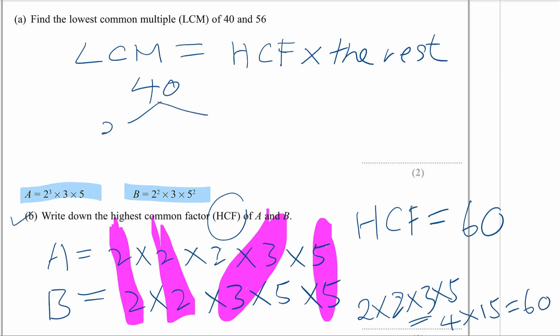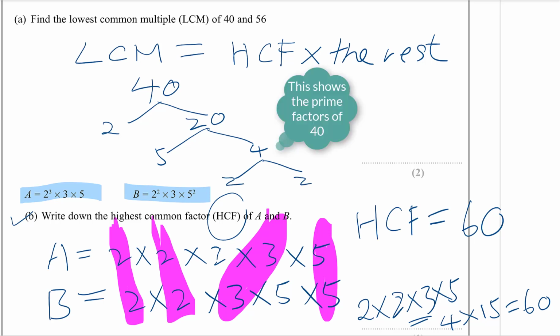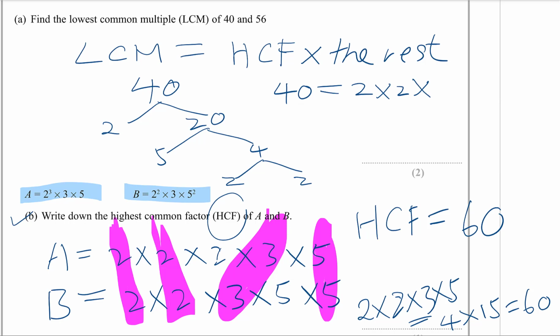So I can use 2 and 20, because 2 times 20 is 40. Then I'm going to use 5. 5 times 4 is 20. And then here I'm left with the 2 and the 2. Okay, so I can rewrite 40 as 2 times 2 times 2 times 5.